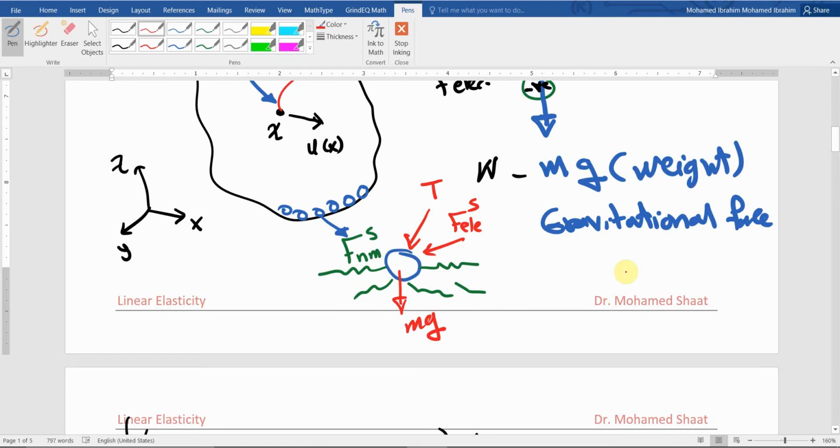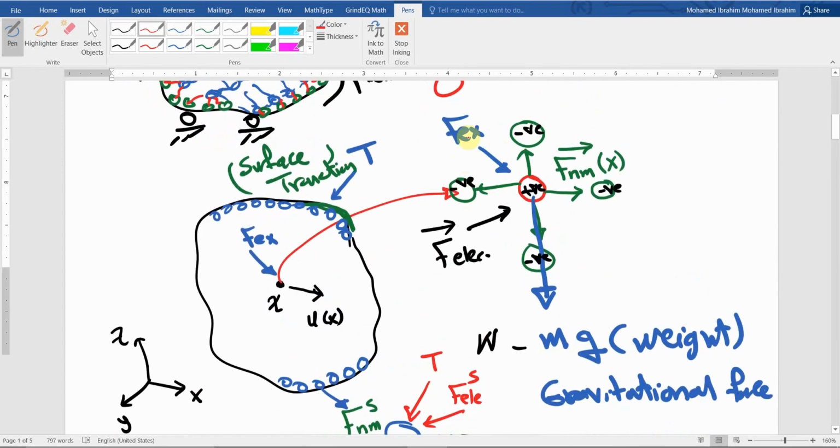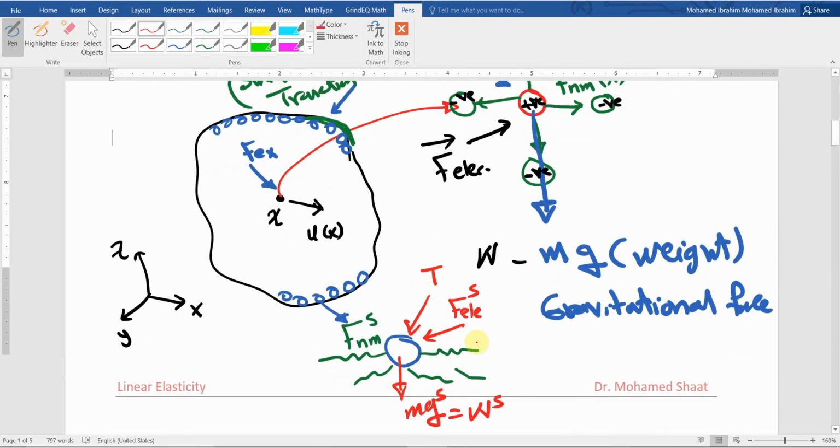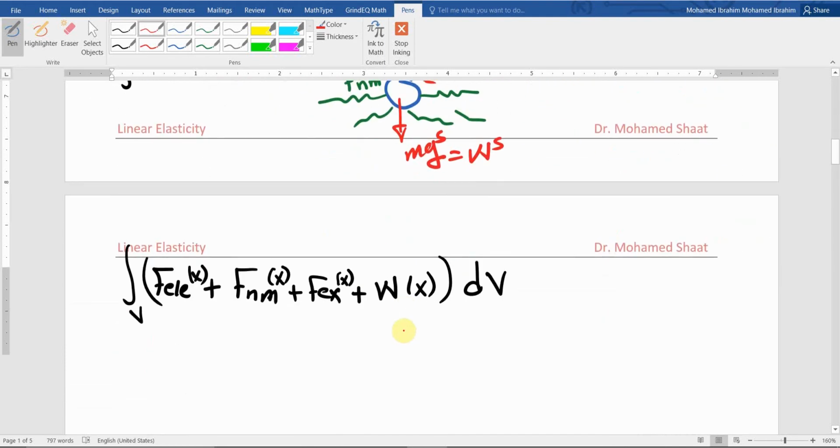It depends, right? So let us assume this is the weight force for the particle located over the surface, and so on. We discussed the external force, which is just T. So all of these are different forces acting over the particle located over the surface.